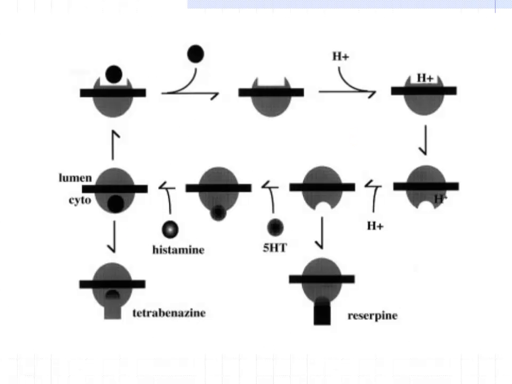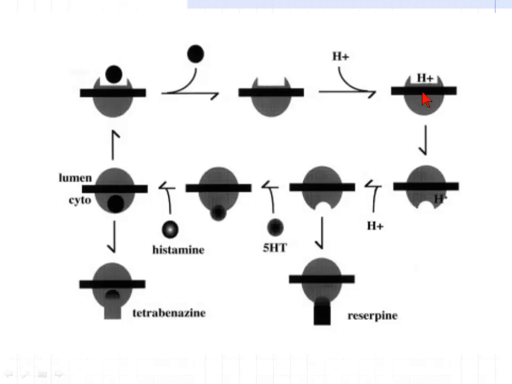And this is kind of how we think these transporters work. So here's a monoamine, in this case histamine. It binds to the transporter, and then the transporter flips and deposits the monoamine on the other side of the membrane, and then this is recycled.